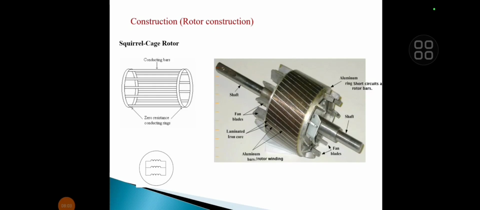So these bars act as a winding of the rotor, and these copper or aluminum bars are short circuited by using end rings. If the material of these bars is copper, then the end ring material is also copper. If the material of these bars is aluminum, then the material of end rings is also aluminum.